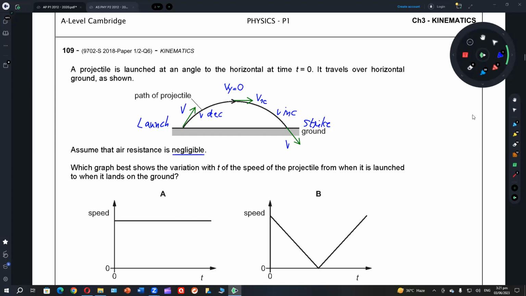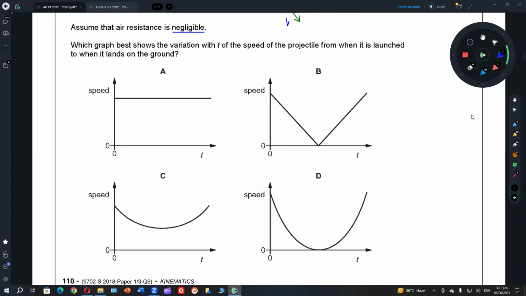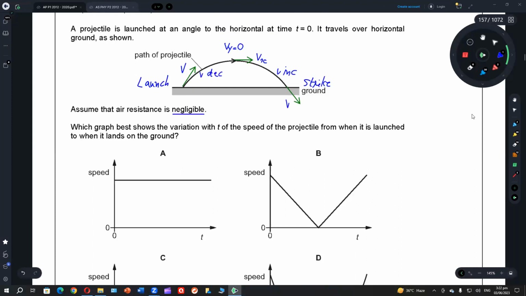But in this question, horizontal or vertical is not the question. The question is the overall velocity, the resultant velocity.